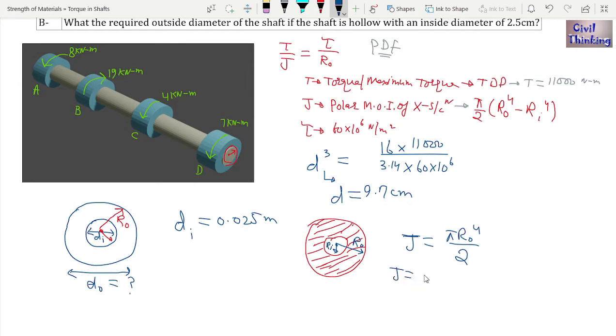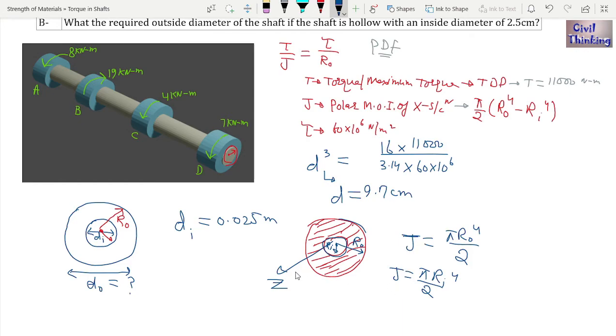It is pi r inside 4 divided by 2, right? Now the polar moment of inertia of the outside and the inside are about the same z-axis. Remember, the polar moment of inertia is about the z-axis.